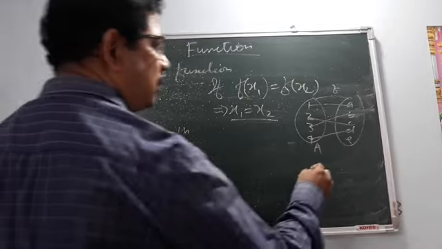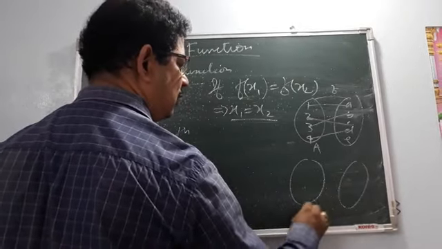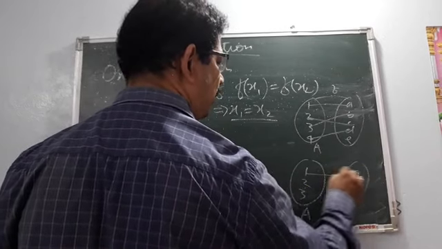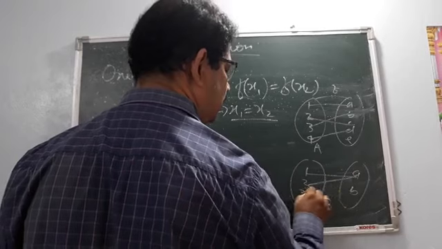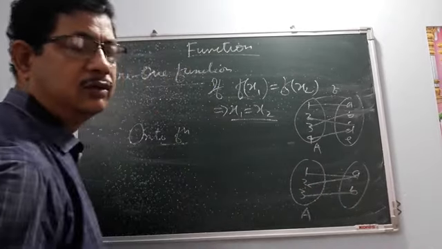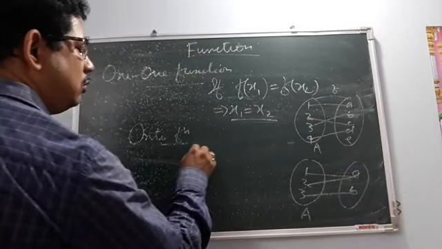And onto is what? Onto function. Suppose there is no extra element here, suppose 1, 2, 3 and here A, B, 1 is connected with B, 2 is also connected, 3 as well. It is not one-one because 1 and 2 are both connected with A, but there are no extra elements, so it is onto. How to do it?